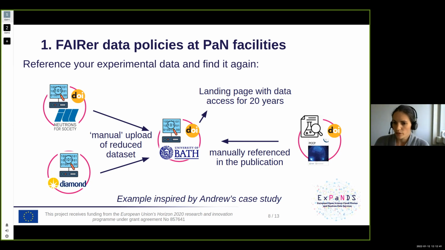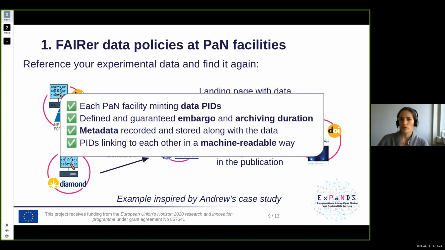This is already very good, but what we are doing with the data policies in Expanse is that we will make this easier, because each photon and neutron facility will be minting a data persistent identifier, which is the more general term for DOIs.